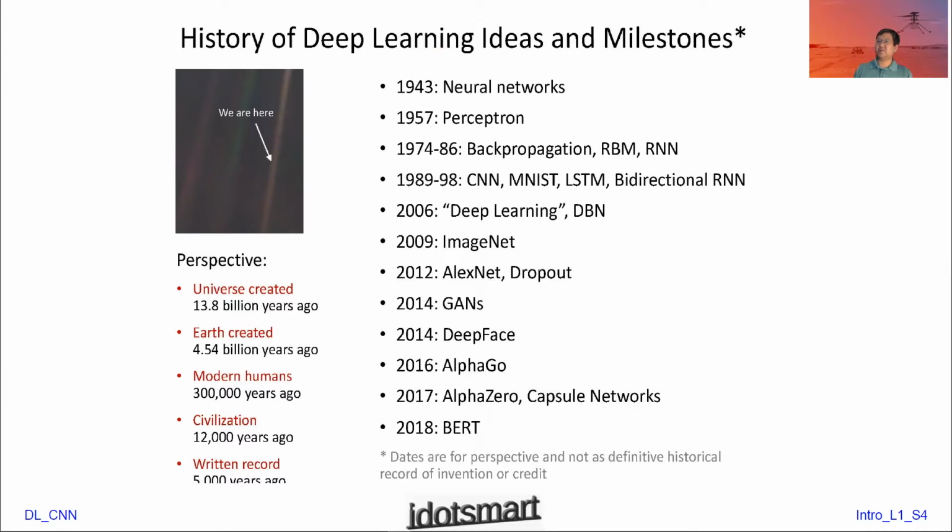Deep learning really started around 2012. It became popular in 2012 when AlexNet won the image classification competition. Neural network is an old concept, and we also talked about artificial intelligence before.